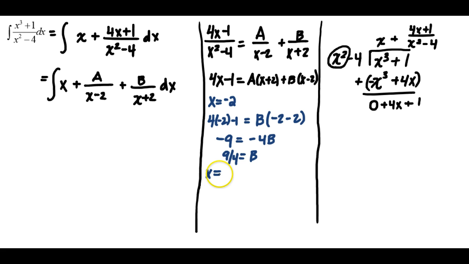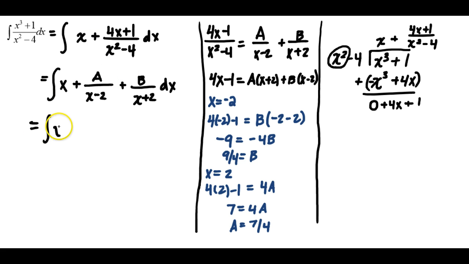And then if we let x equal positive 2 this time, if I plug in positive 2, my b will go away and my a will stay. It'll be 4a. So this left side is now 8 plus 1, so 9 equals 4a. So a is 9/4. So let's take that back to the original problem.